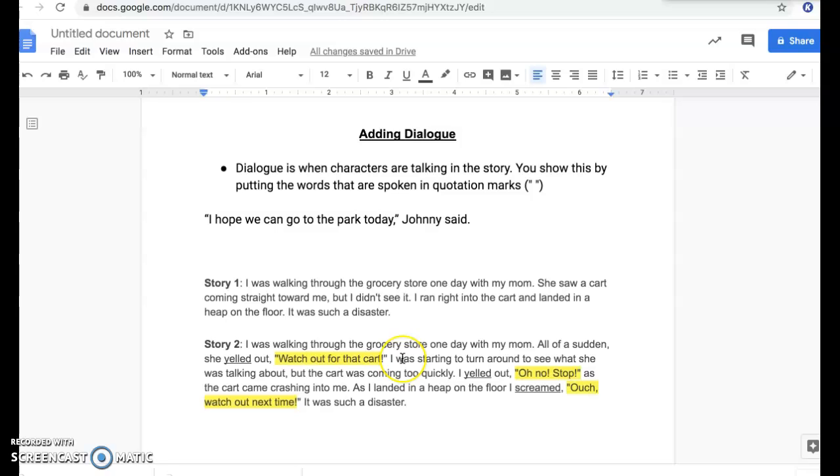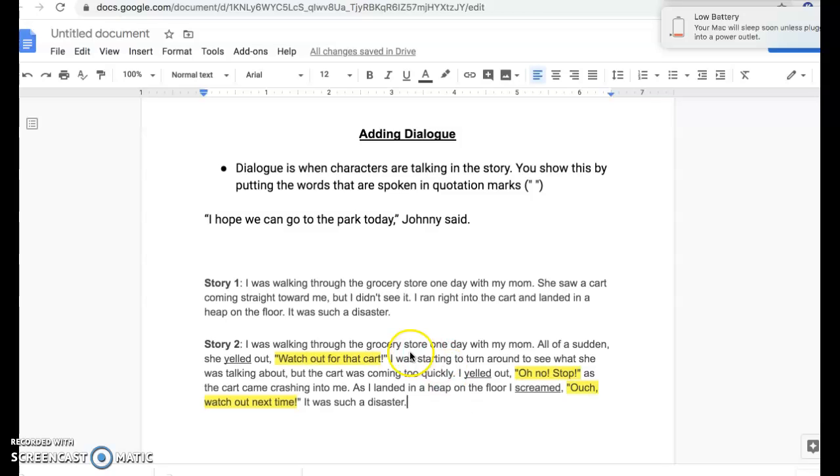Okay, so strong verbs that are not just first, second grade verbs. We're in third grade now. We want to use some strong verbs. So for example, yelled is better than just said because yelled tells me how this person's feeling. Screamed is better than said because it tells me again how this character is feeling.